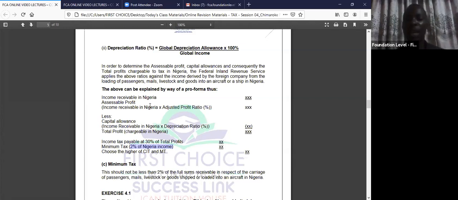That is where the income is. So if the journey is originating in Nigeria, the income would be from Nigeria. But if the journey is terminating in Nigeria, the income will not be for Nigeria, because the journey must have originated somewhere and terminating in Nigeria.